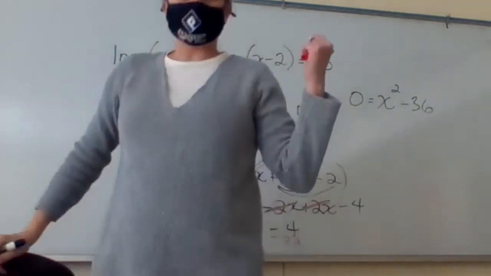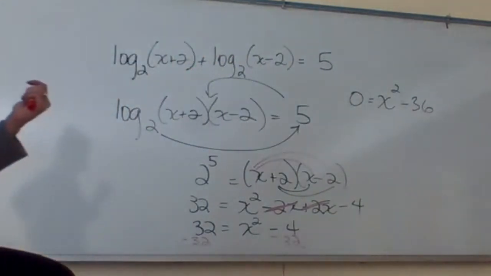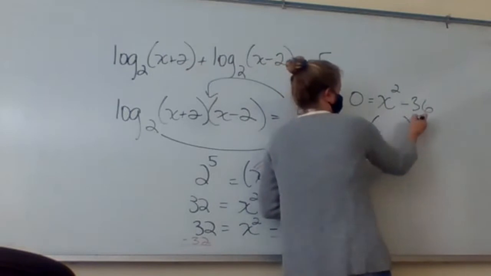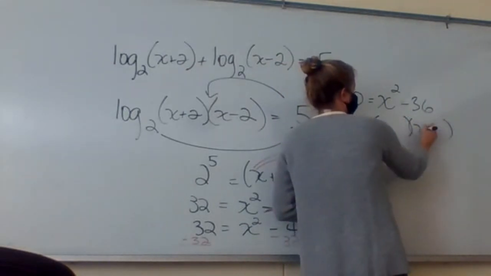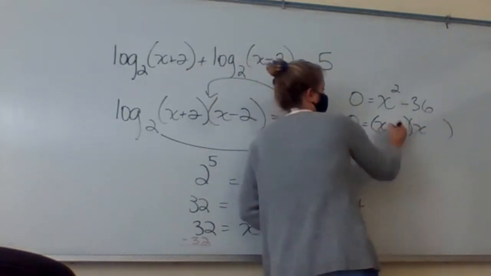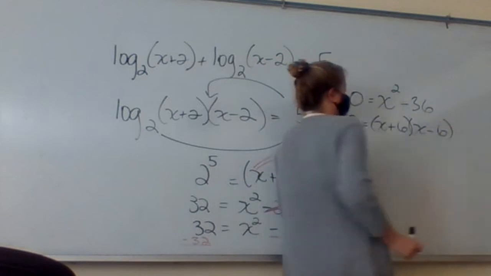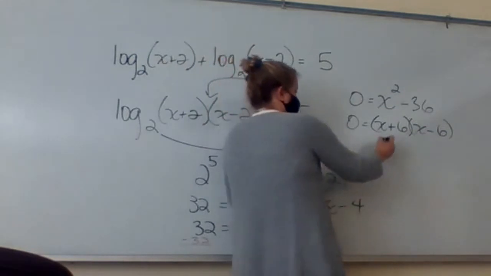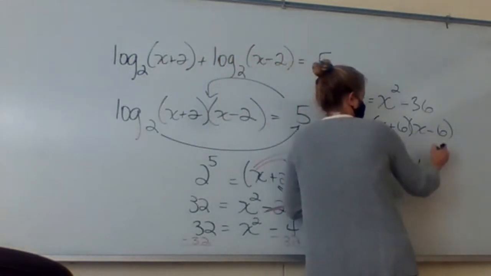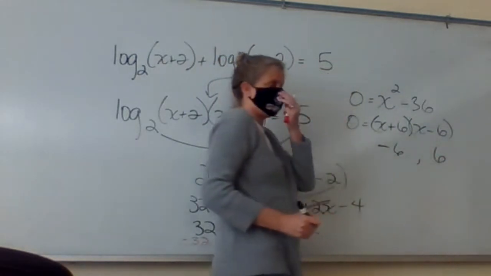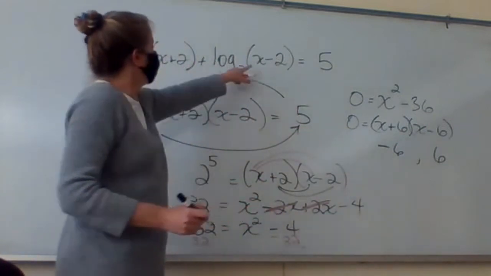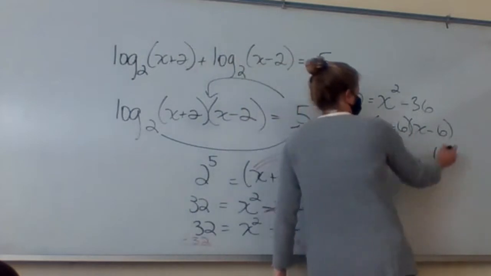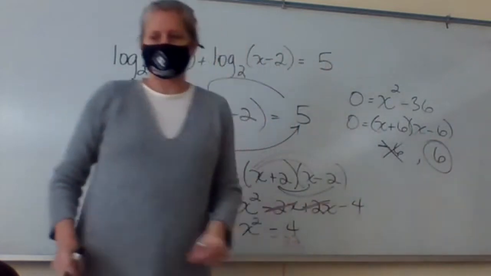If I factor that, that's an easy factoring problem, right? It's a difference of perfect squares. So x and x for x squared, plus 6 and minus 6 for that negative 36. When you set those equal to 0 and solve them, this will turn into negative 6 and this will turn into positive 6. But remember, you're finding the log, which means that cannot be negative, so don't use your negative answer, just your positive answer.